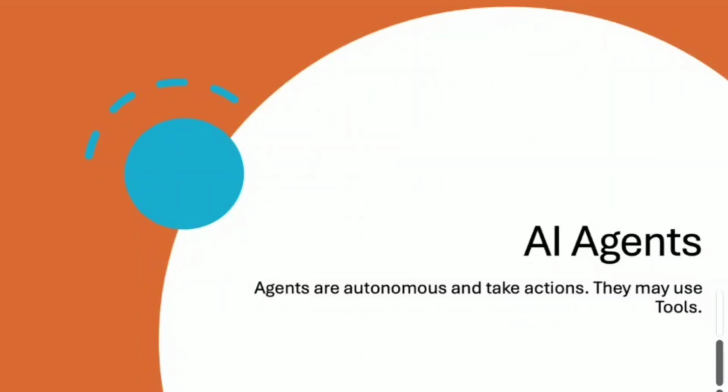There could be an agent which is listening to the conversation in a meeting and is able to update the calendar. The minute the people in the meeting decide to have the next meeting or they want to follow up on something and they mention a date, it makes a note of it in the calendar. That's an agent.